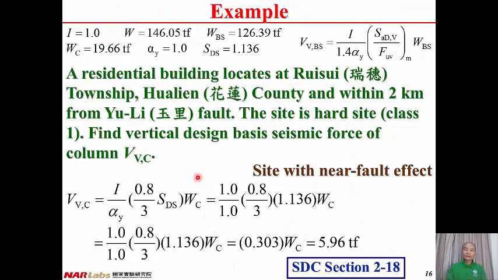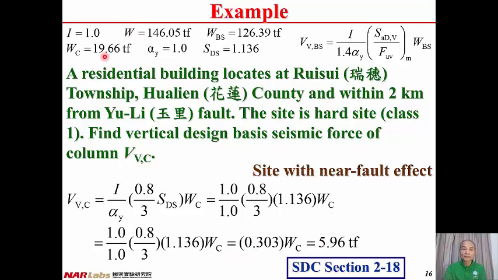And then back to the example: a residential building located at Ruishui Township, Hualien County, within 2 kilometers from Yuli Fault, and the site is a hard site. The question is to find the vertical design basis seismic force for the column, that's VVC. According to the previous slide, VVC equals I divided by alpha y, and because this is a site with near fault effect, times 0.8 divided by 3 SDS times WC, equal to 0.303 WC.